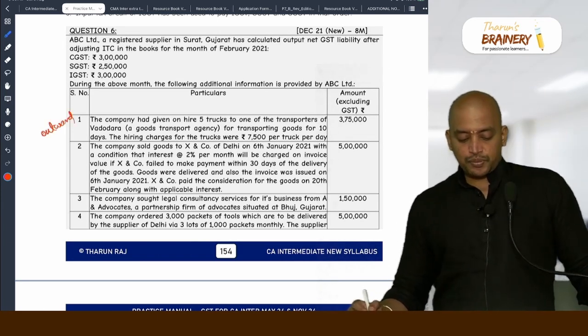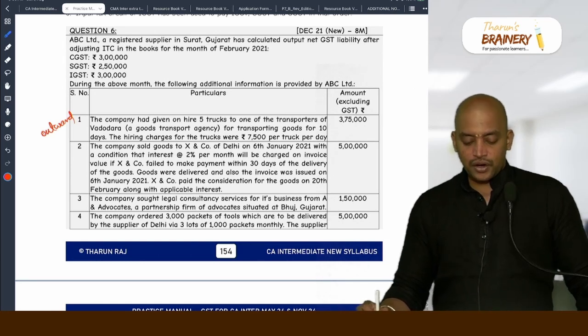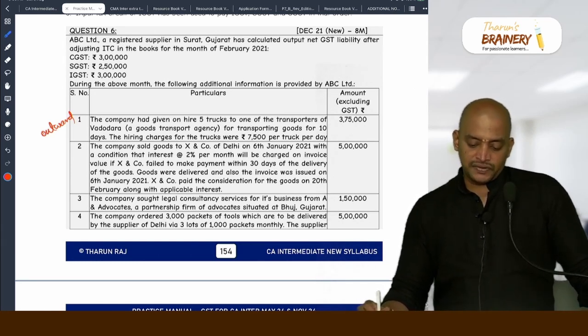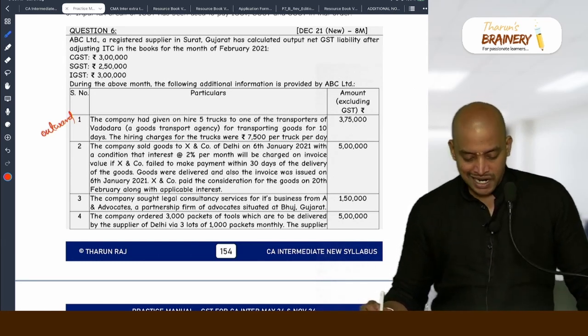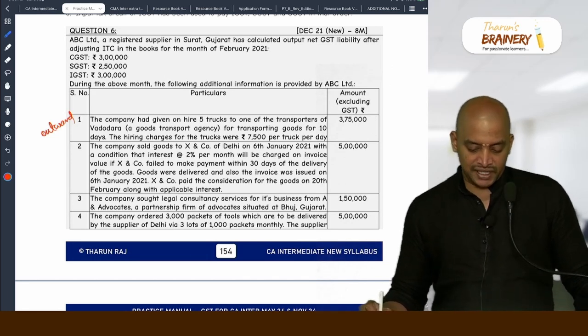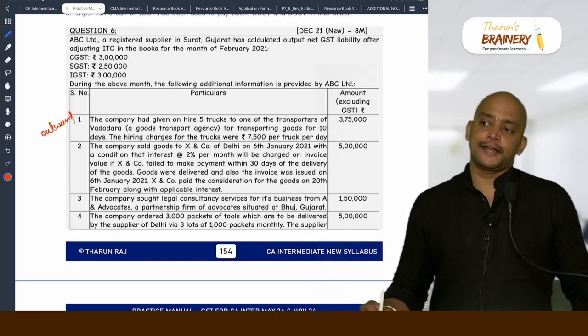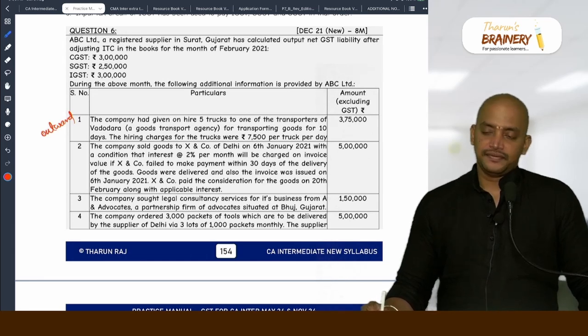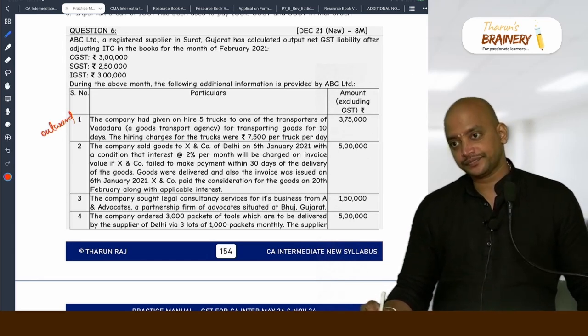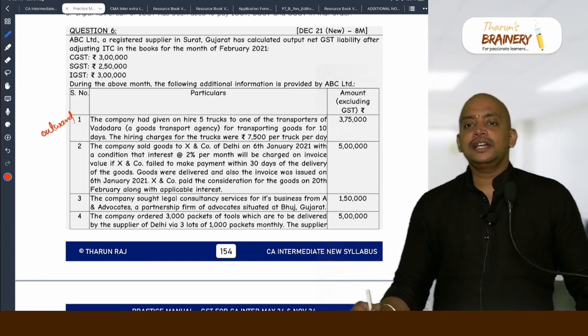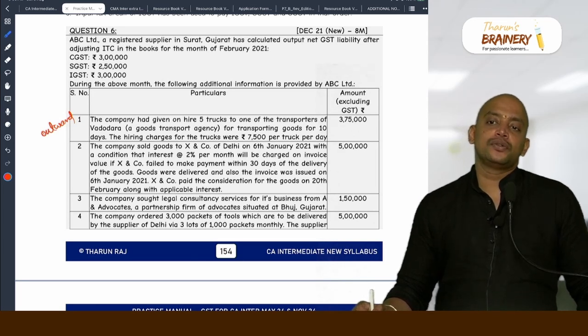To one of the transporters of Vadodara, a goods transport agency, for transporting goods for 10 days. The hiring charges for the trucks were 7,500 per truck per day. Taxable or exempted? Good. Hiring of a motor vehicle to a goods transport agency is exempted.